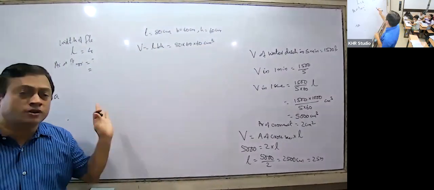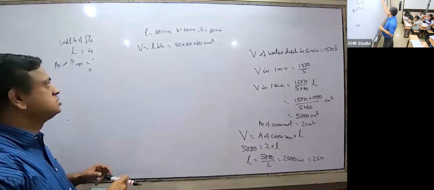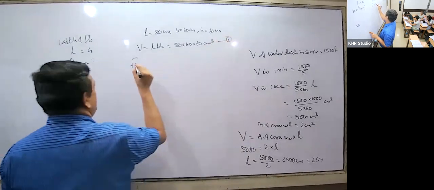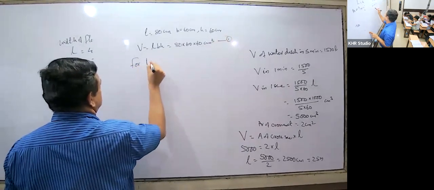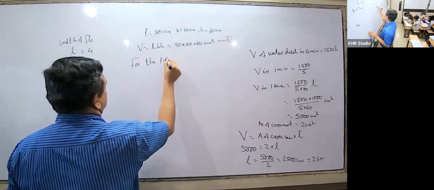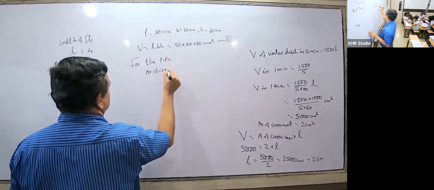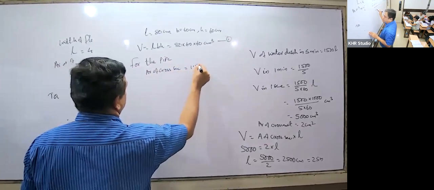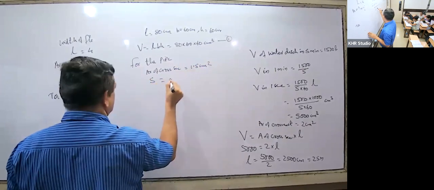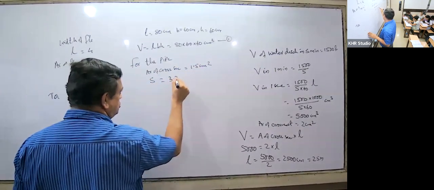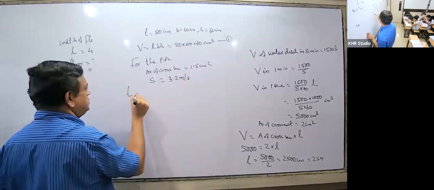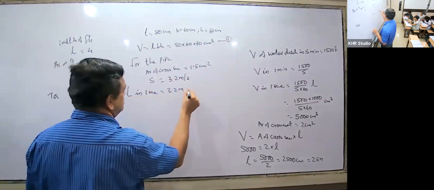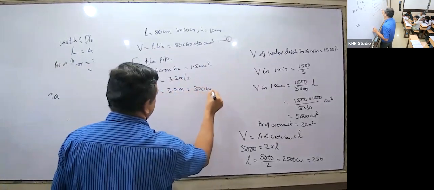Okay, next. The condition for the pipe. What is given? Area of cross section. How much? 1.5 centimeter square. Speed, how much? 3.2 meter per second. Therefore, length in 1 second is equal to 3.2 meter, which is equal to how much? 320 centimeter.